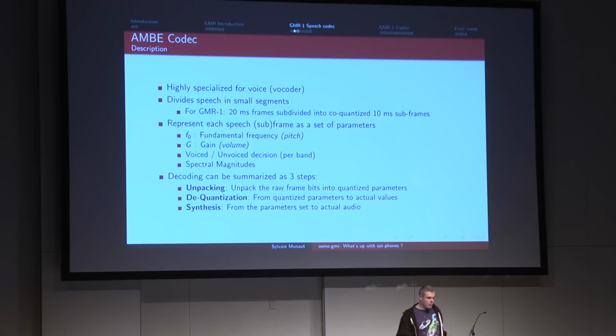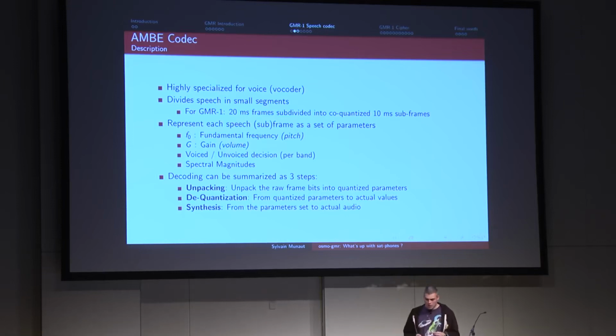And so you have those parameters, and if you want to actually play back the voice, you have to do 3 things. The first thing is unpacking, and that's taking the 80 bits of the voice frame and reconstructing the quantized parameters from it. The parameters are not just put in order one after the other, because some of the bits in a frame will receive more error correction than others, and some of the bits are more sensitive to errors than others, so they will be placed at specific places in the frame, so that if errors do happen, hopefully they will affect something that is not too important.